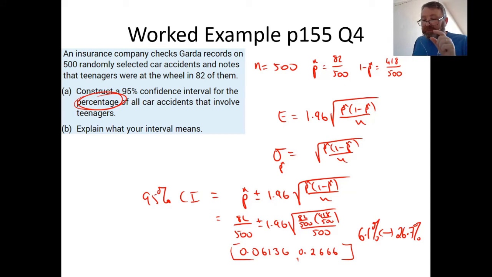Based on the sample proportion of car accidents involving teenagers, we can say with 95% confidence that in the entire country, between 6.1% of crashes and 26.7% of crashes involve teenagers. That's exactly what that statement means. In other words, it does what it says on the tin. It gives us an interval inside which we can say with 95% confidence the population proportion is residing.